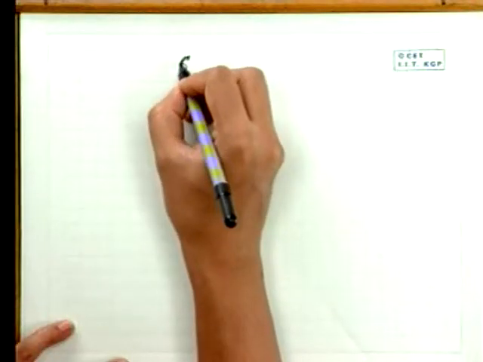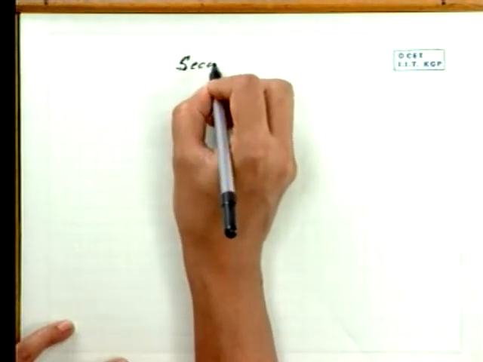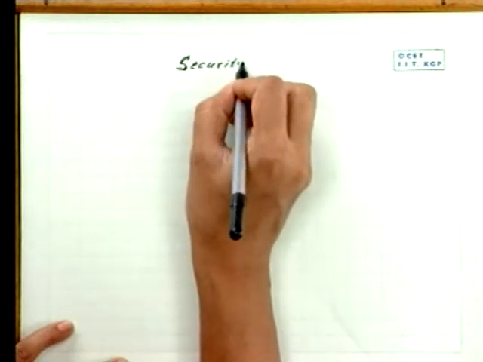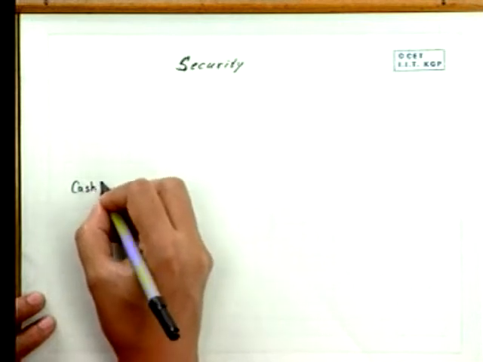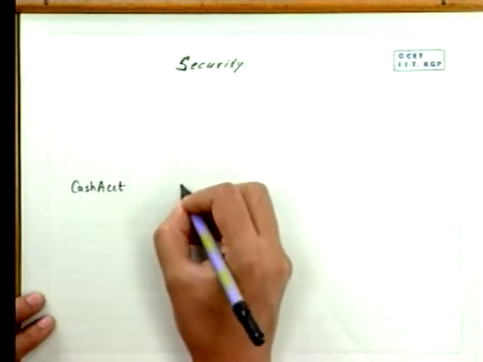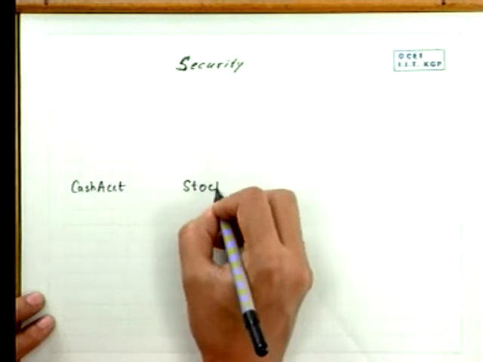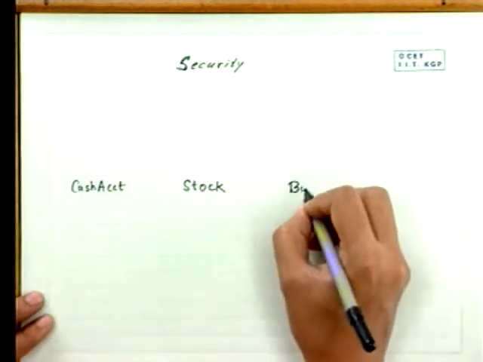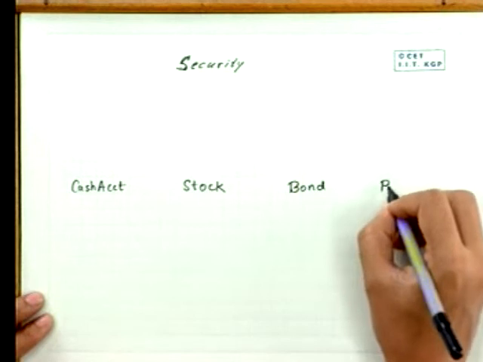Now, we will illustrate this by another class diagram. So let us say that we have four types of objects: cash account, stock, bond, and property.